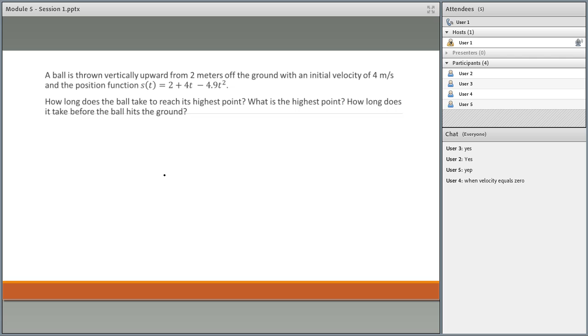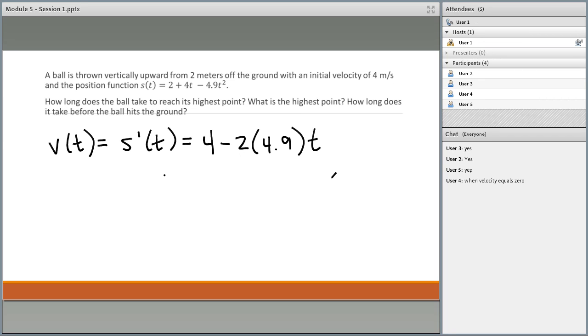So what we can do is we can first find the velocity function. And that's just the first derivative of the position function. So when we take the derivative, the 2 goes to 0, 4t becomes 4, and then take the 2 to the front with the 4.9, and subtract 1 from the exponent. So we get that the velocity function is 4 minus 9.8t.